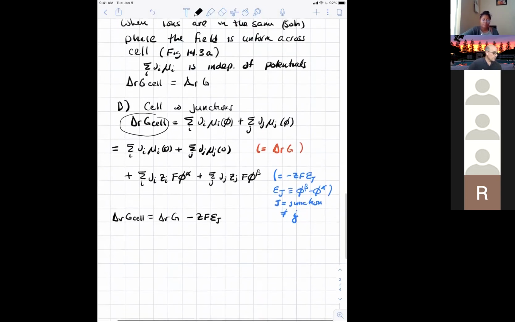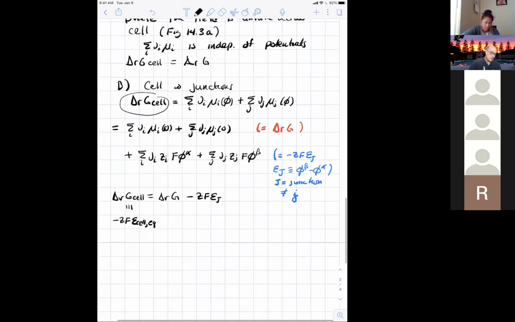Okay. All right, so what we can do is solve for, we know that this equals minus ZF E cell at equilibrium, right? That's the definition of the left-hand side.